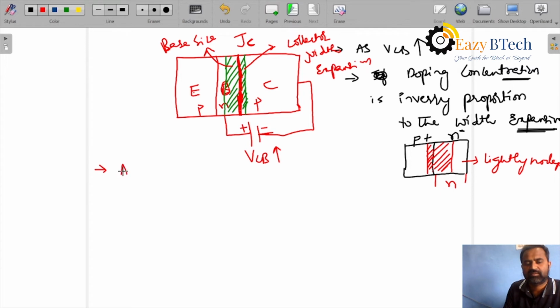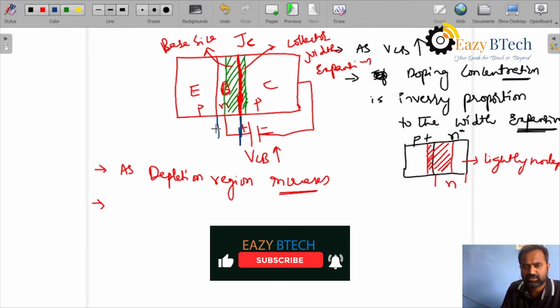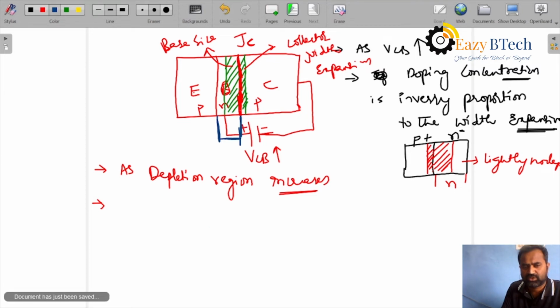As the depletion region increases, what happens to the effective base width? From this point to this point is the total base width.